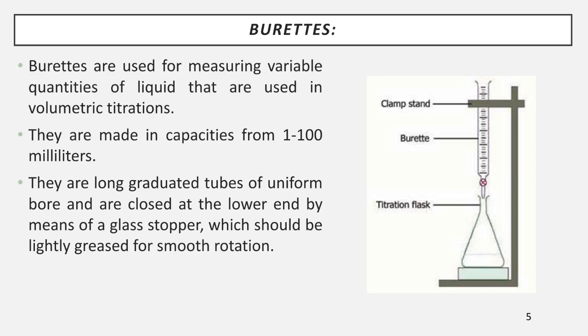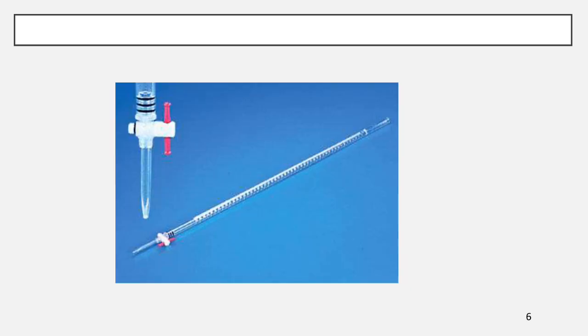These are long graduated tubes of uniform bore, closed at the lower end by means of a glass stopper, which should be tightly greased for smooth rotation. It's mainly used for measuring quantities of liquids. And these are the burettes.